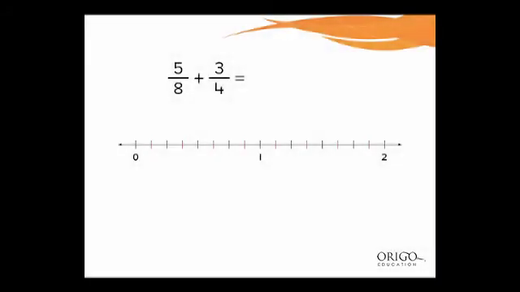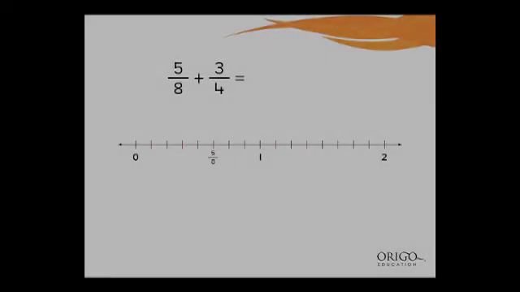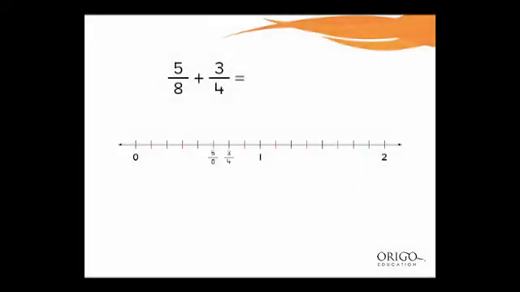And adding with them. So that was just comparison, now we're adding. So where's 5/8 on here? There's 5/8. So what we're going to do now is use a linear model, a number line, to do 2 things. We're going to find an equivalent fraction, and then we're going to use it to help us operate. 5/8, where's 3/4? There's 3/4 of 1. I need to start with 5/8 and add 3/4. So what is 3/4?